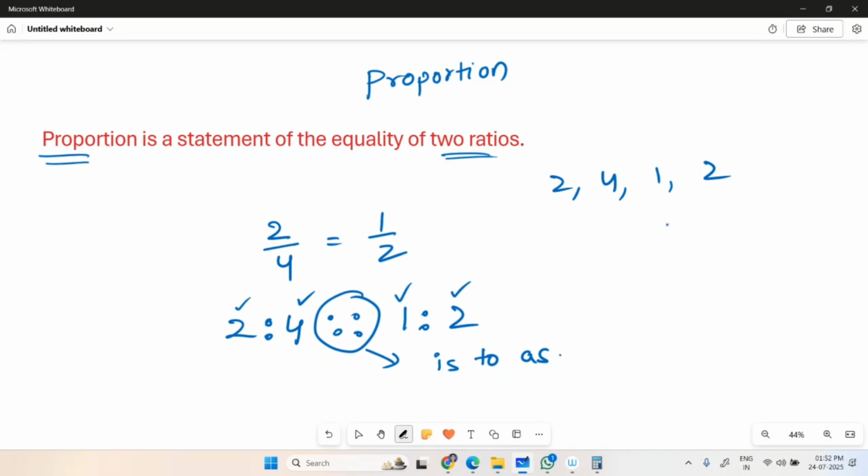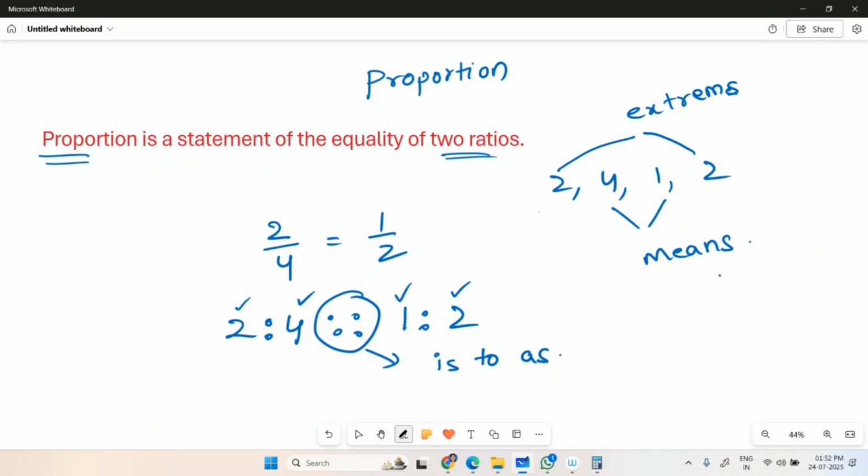See, clearly a proportion has 4 terms. The first and last terms we call extremes. And the second and third terms we call means.